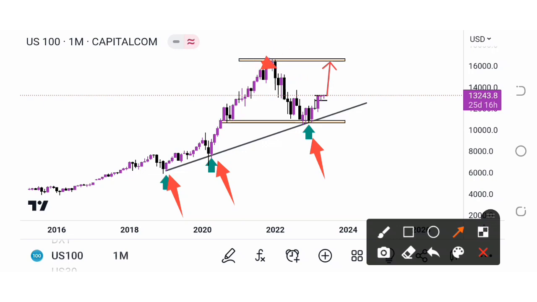Before I can look for any sells, price should at least give me a continuation to that resistance, and then we can look for sells. Hence I am saying I am bullish on this pair, and until then I would not be looking for any short positions in this market, because we are clearly on an uptrend.